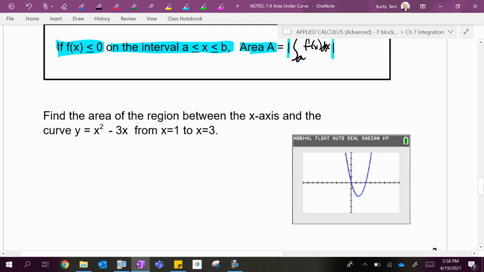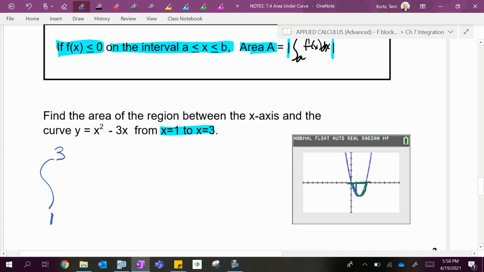Okay, so for instance, let's look at the next one. So here, we're going to find the area of the region between the x-axis and the curve. When we talk about the area under the curve, you really want to think more about it being the area between the x-axis and the curve. So in this case, we're looking from 1 to 3. A bit different of a variation, instead of saying between the intercepts, it's just saying we want to know the area of the curve between 1 and 3.